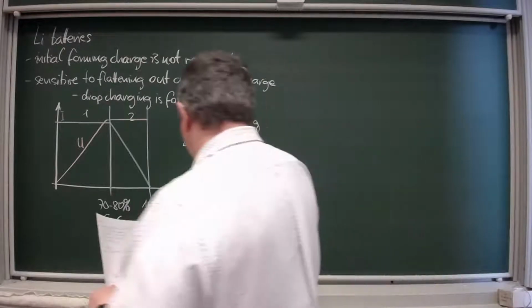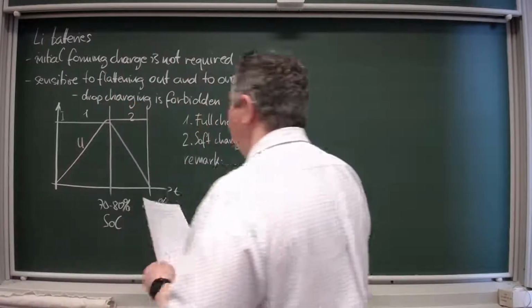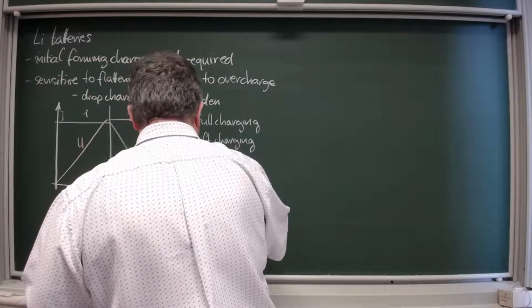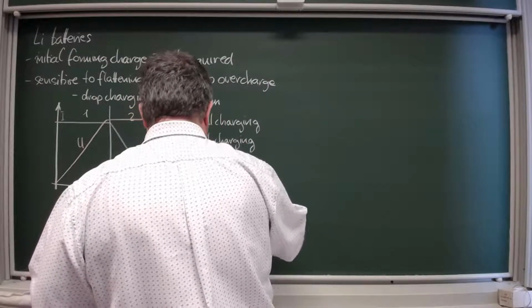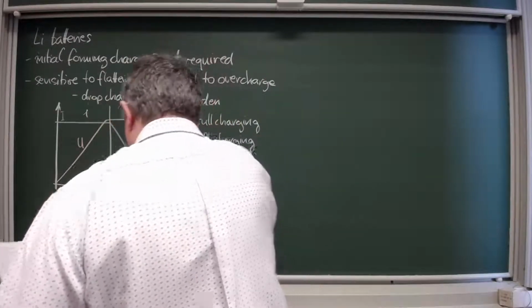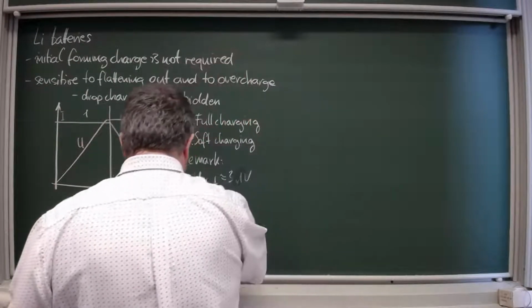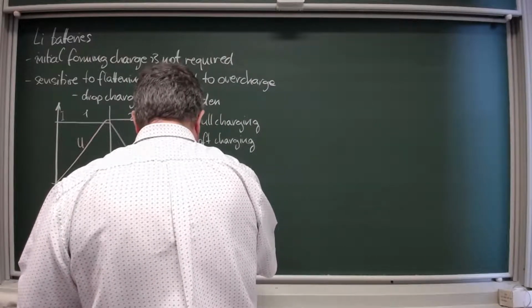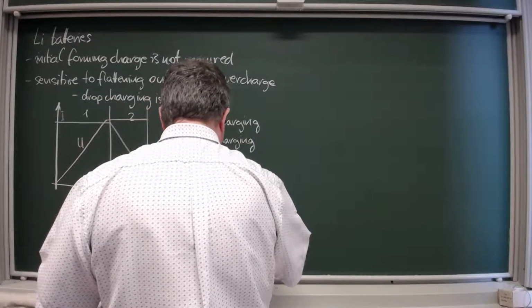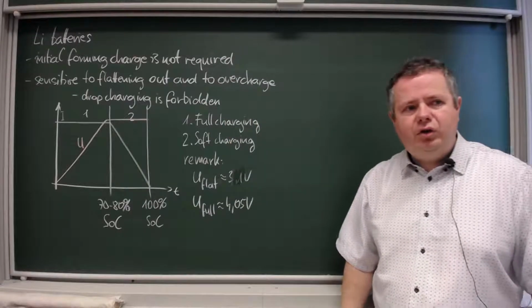And note, remark, that for a lithium battery, the tension when flat is around 3 volts or 3.1 volts. And the tension when it's full is around 4.05 volts. So you see there's very little difference between the flat tension and the full tension.